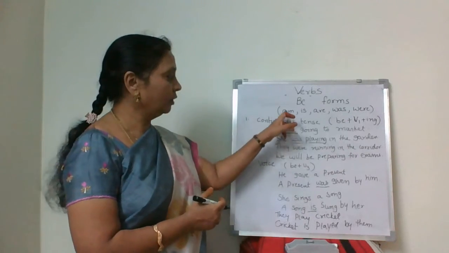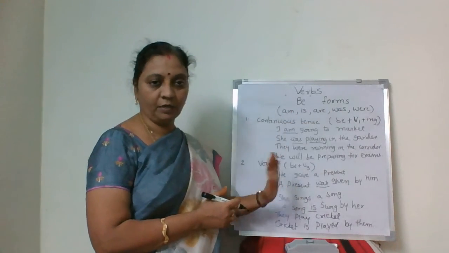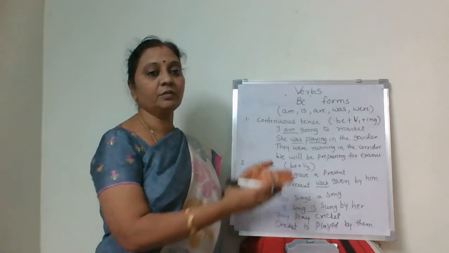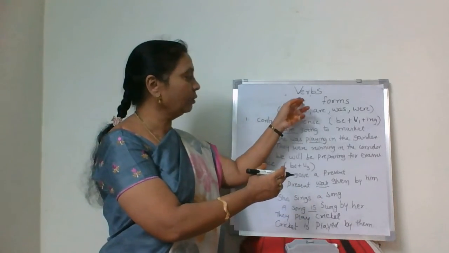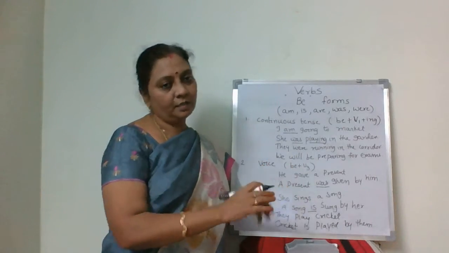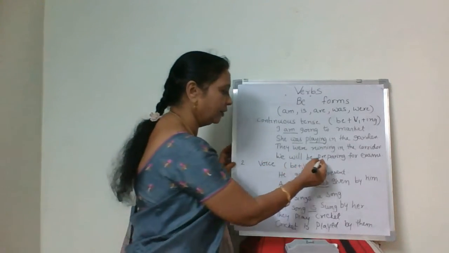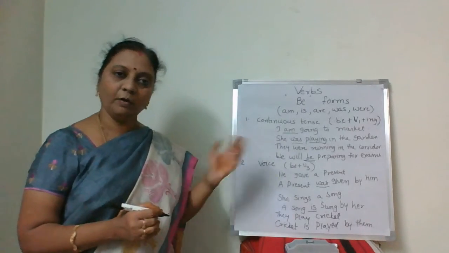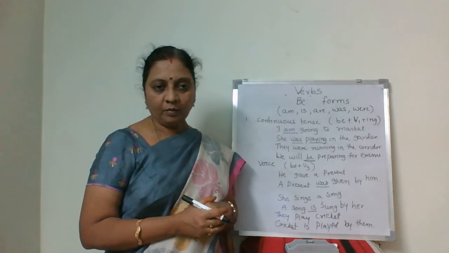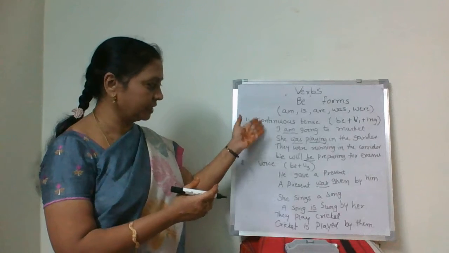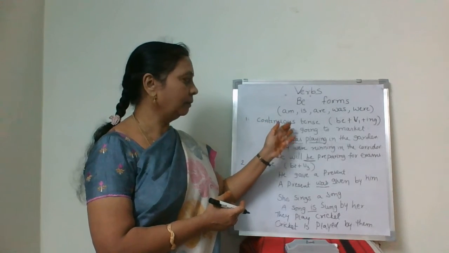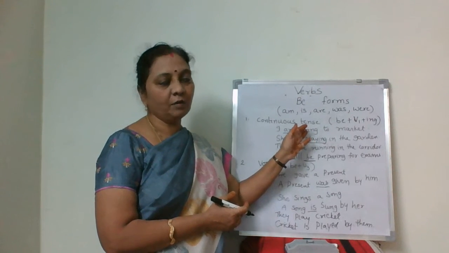Okay. We are not using all these five. In future continuous tense, will is already there, so we are taking only be: will be studying or preparing for exam. This is the main verb and here it is the supporting verb or helping verb. Okay, similarly you can frame sentences using this structure: subject plus be plus V1 plus ing form, or V4.